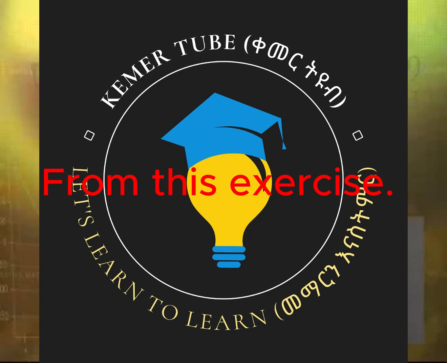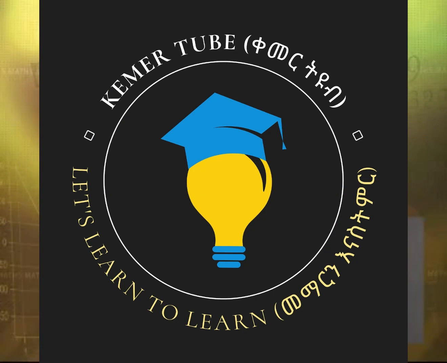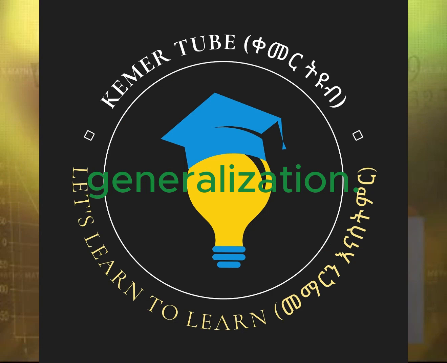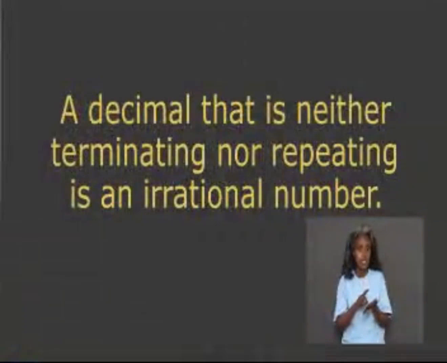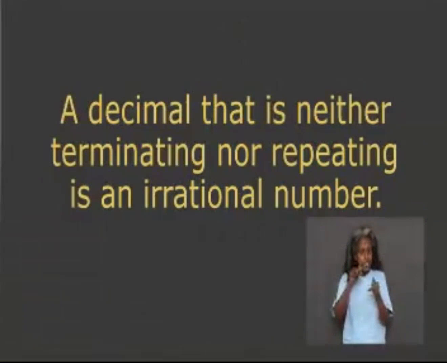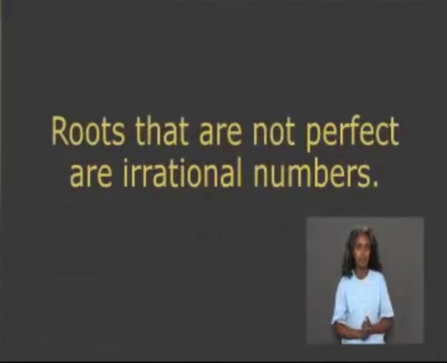From this exercise, we can make the following generalizations. A decimal that is neither a terminating nor a repeating decimal is an irrational number. Roots that are not perfect are irrational numbers.